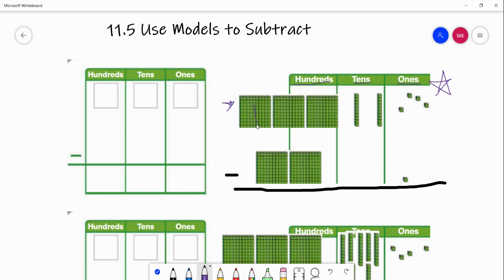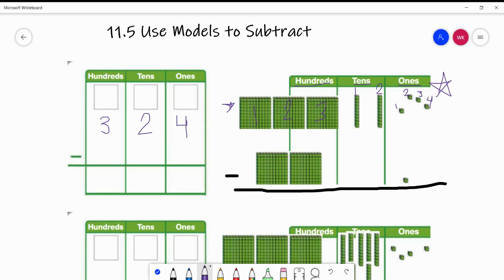So we have 100, 200, 300. I'm going to put 300 right here. Then we have 2 tens, and then we have 1, 2, 3, 4 ones. So I'm going to put the 4 in the ones.